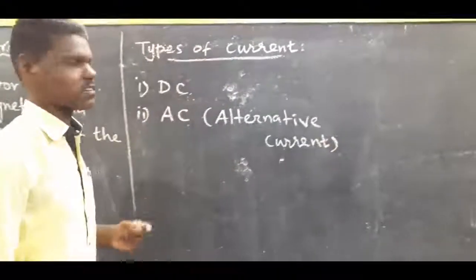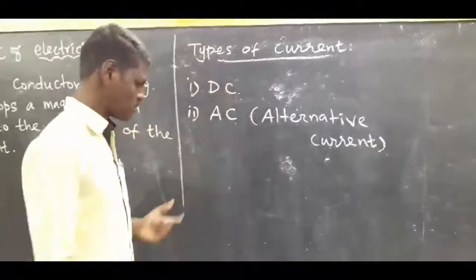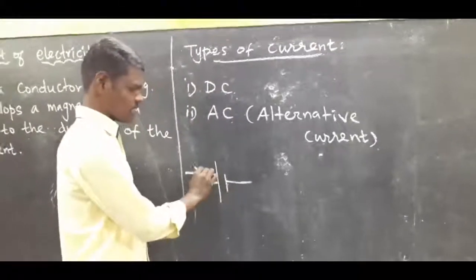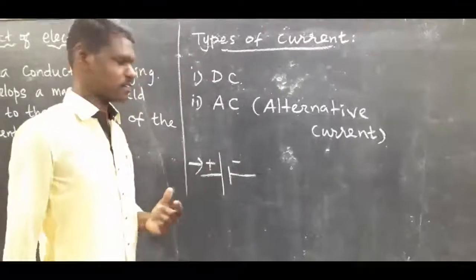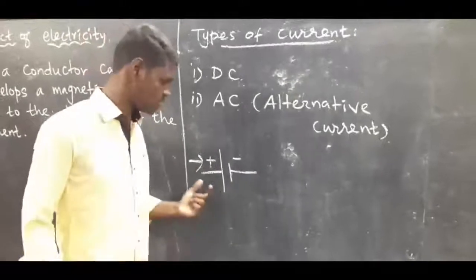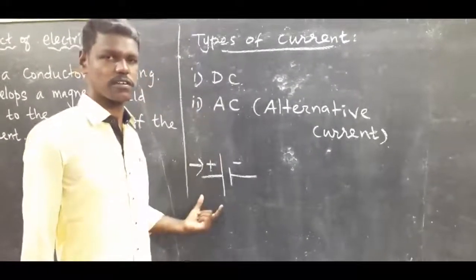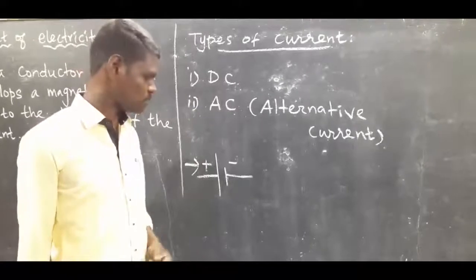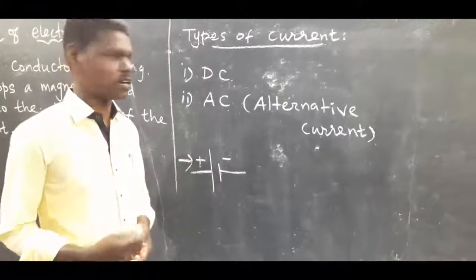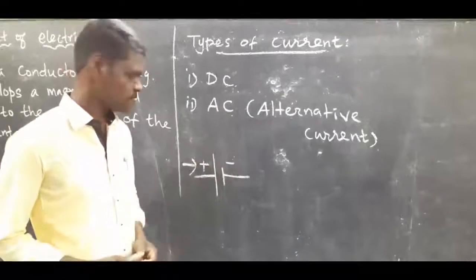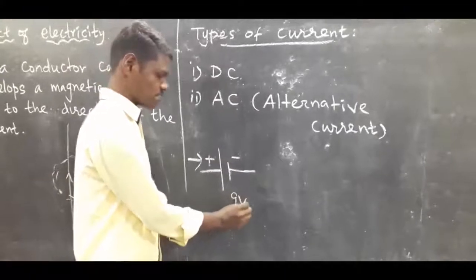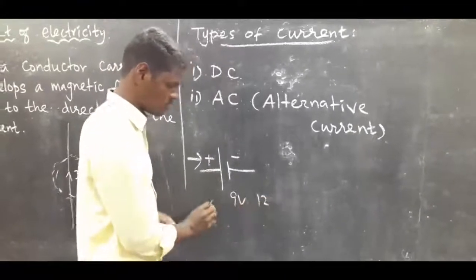Direct current means, as we know, the battery with positive and negative terminals. In the lab we take some experiments using DC only, so only DC voltage is used in the lab. Normally at home we use AC, alternating current. In DC we take voltages, for example 9 volts, 12 volts or 5 volts.